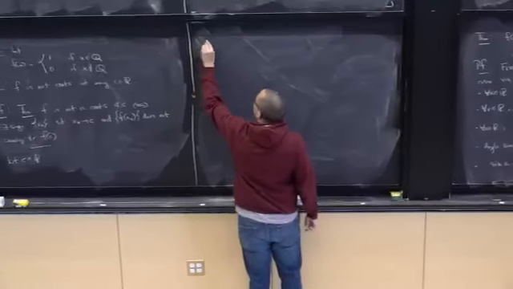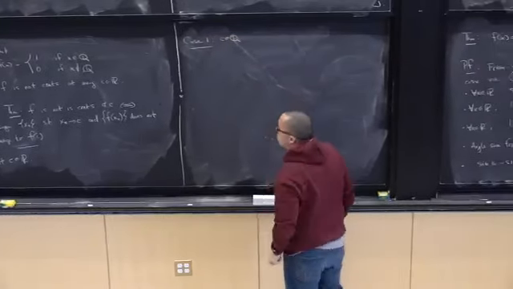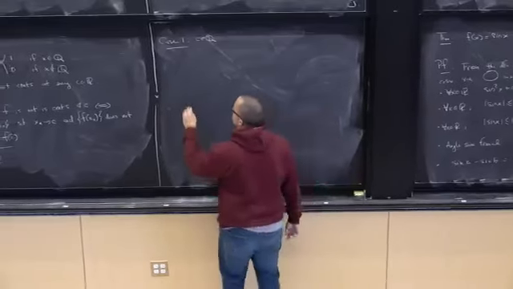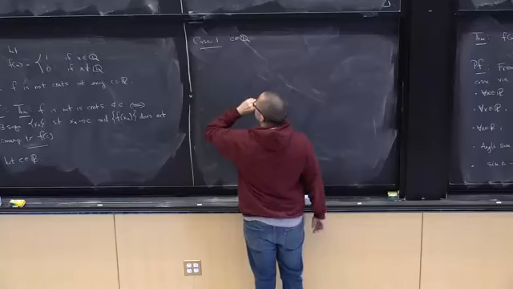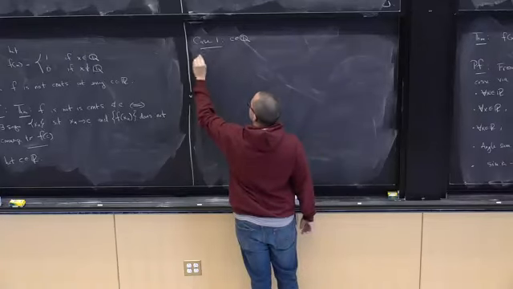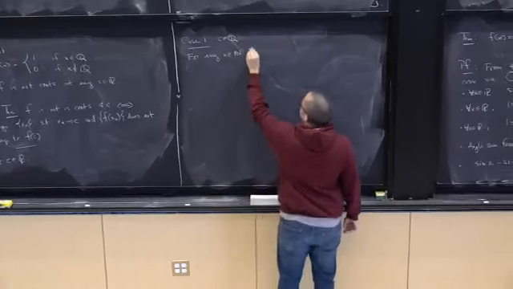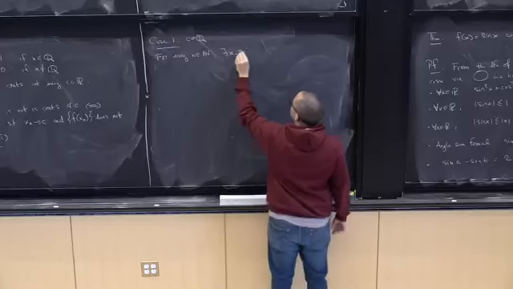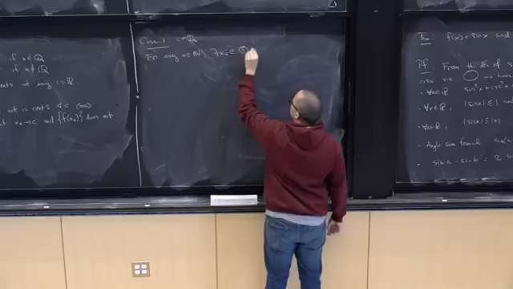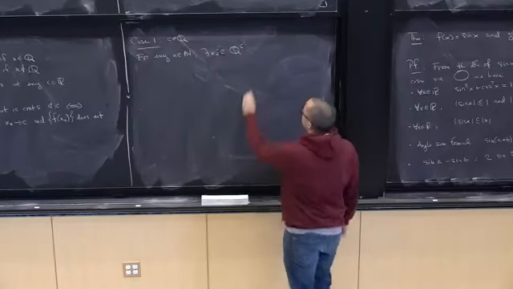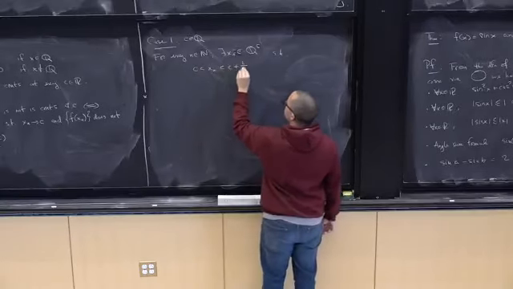So case 1, C is a rational number. Let's show f is not continuous at C. Now we know that for every natural number n, there exists an element x sub n in the complement of Q, so an irrational number, such that c is less than x sub n is less than c plus 1 over n.